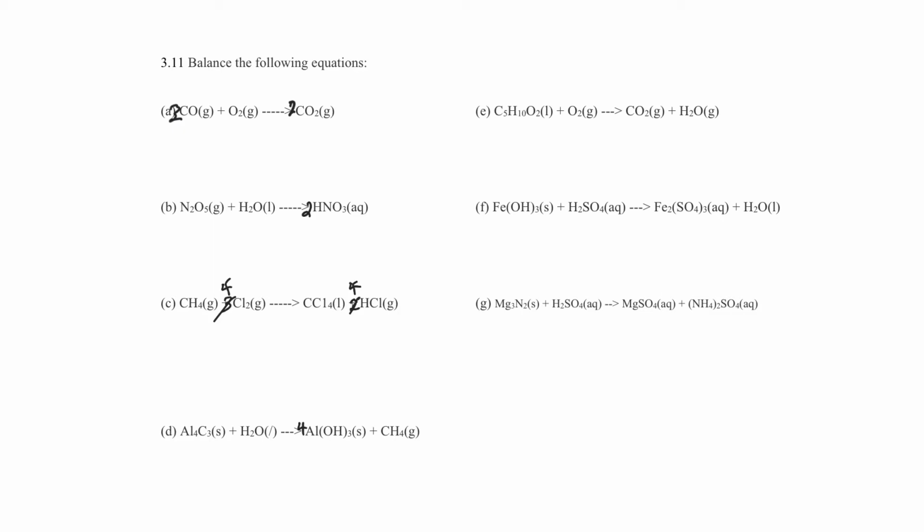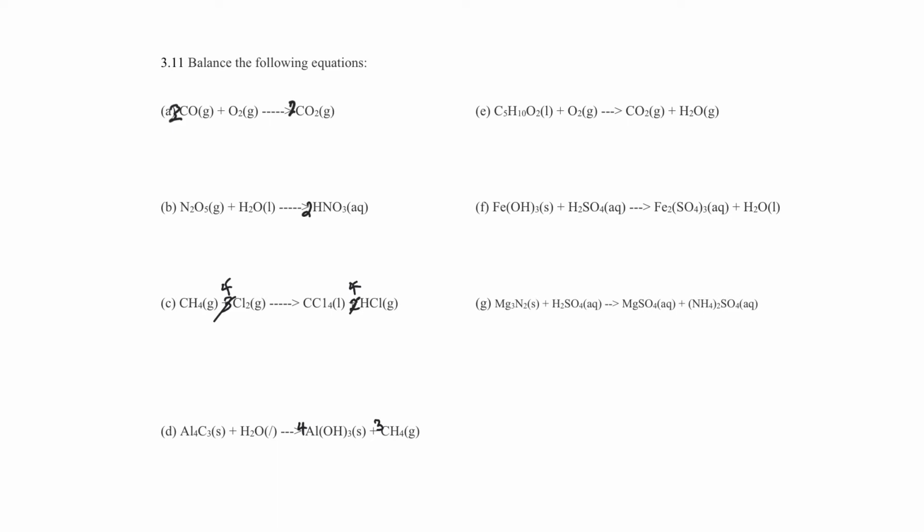I've got 3 carbons on the left, so I'm going to come over here and do 3 carbons on the right. All right, so we're going to have to separate them into hydrogens and oxygens. So let's do oxygens. 4 times 3 is 12.